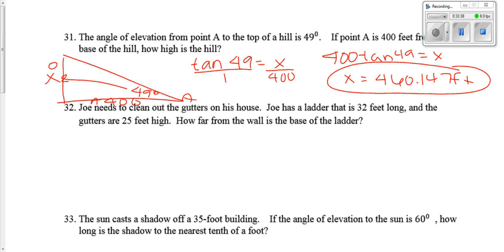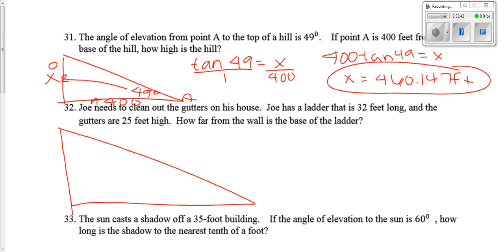32. Joe needs to clean out the gutters on his house. The gutters are 25 feet high. He has a ladder that is 32 feet long. How far from the base of the wall?